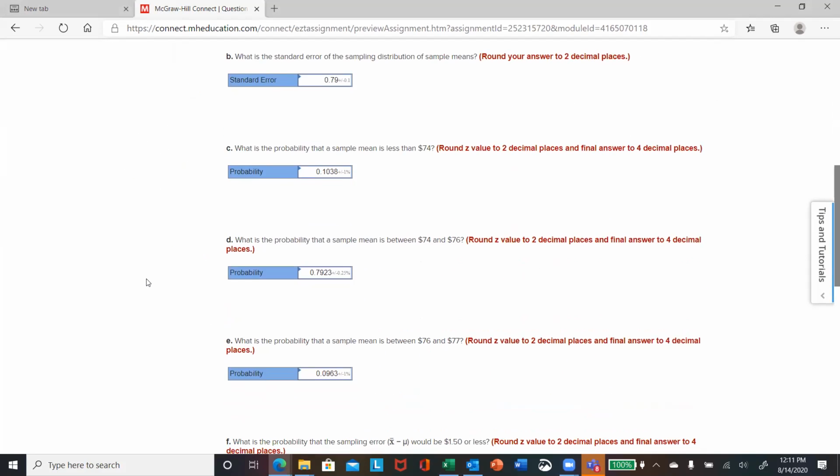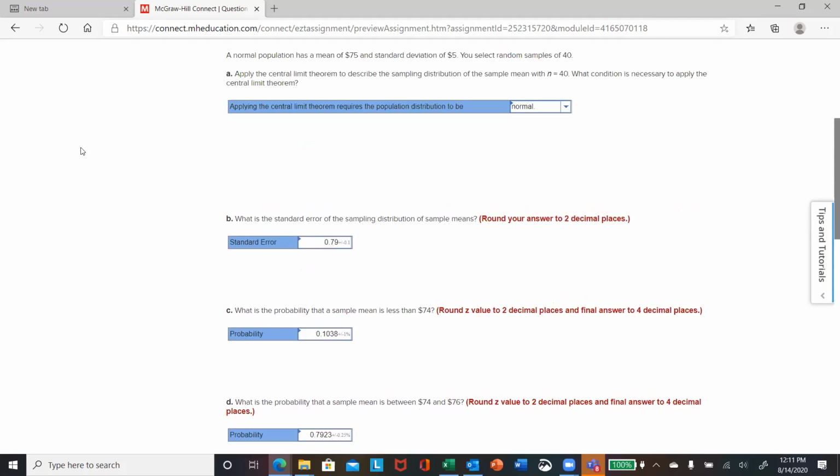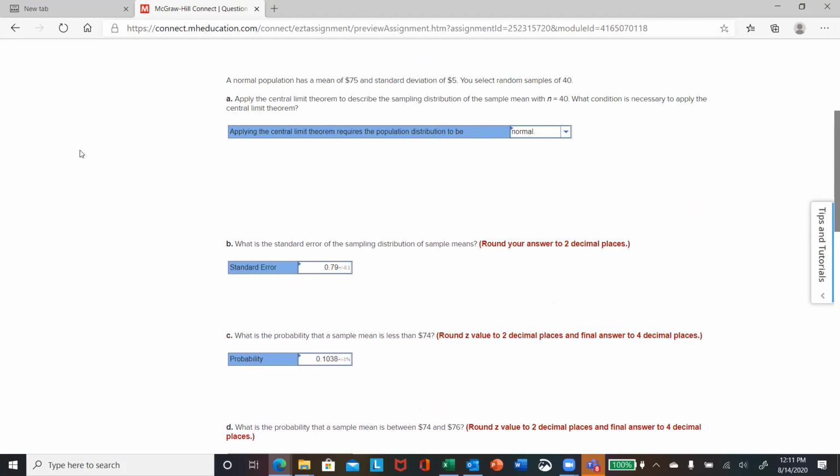On letter C, it says, what's the probability that a sample mean is less than 74? Let me make sure I got my numbers. The population mean is 75. All you're doing on these, I'll show you the calculation.